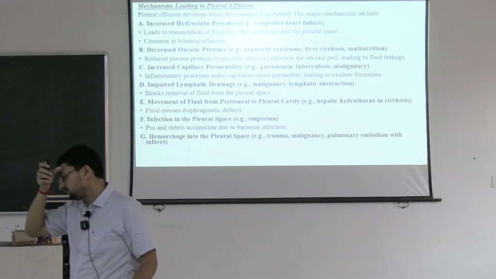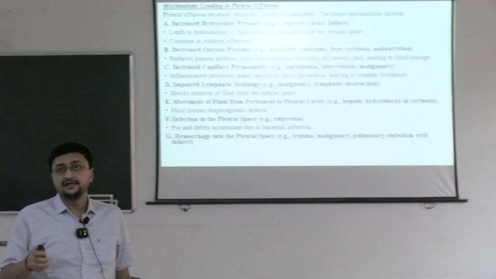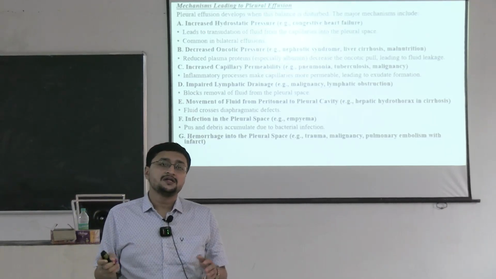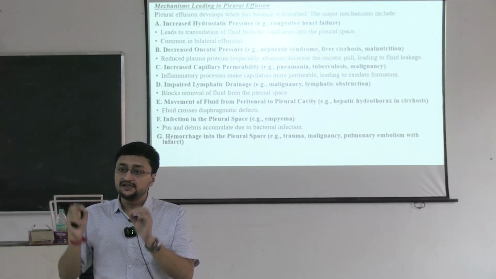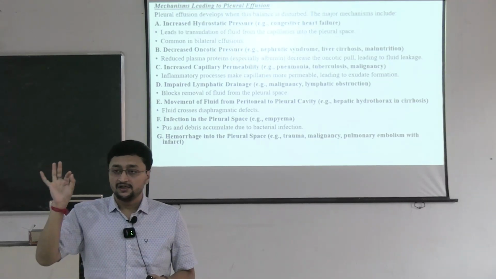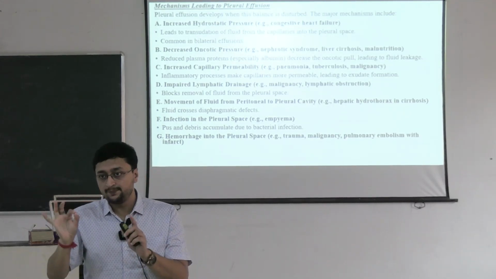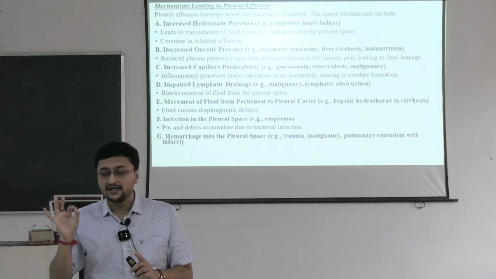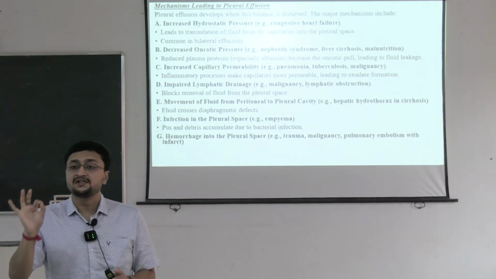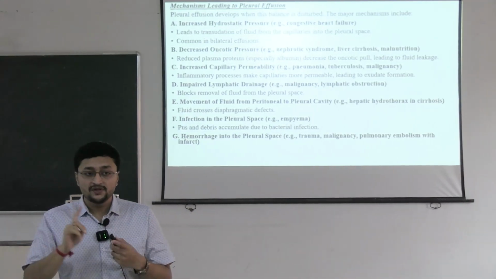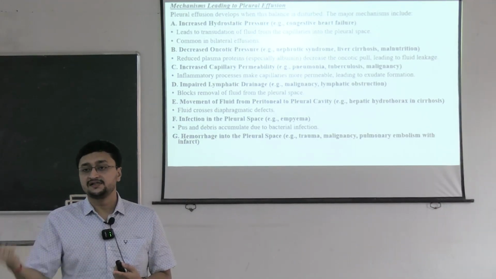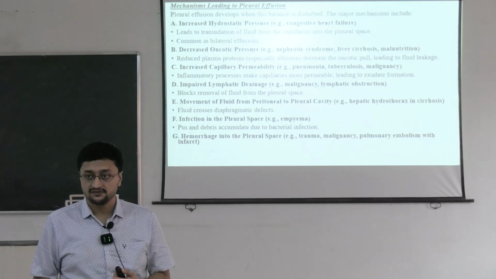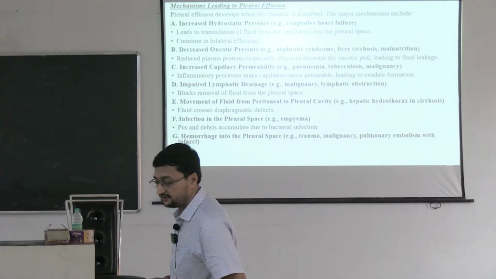And if there is any trauma due to rib fracture, a dislocated rib fracture, the sharpened portion of the rib repeatedly hits the pleural surface, which causes bleeding from the pleural surface and results in hemothorax, blood inside the pleural cavity.